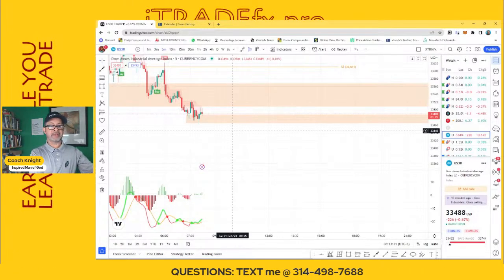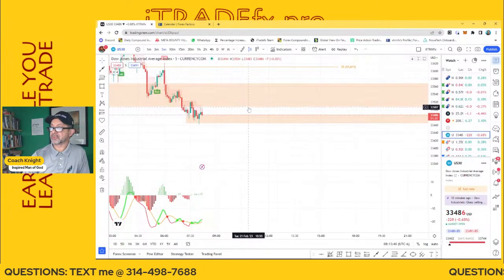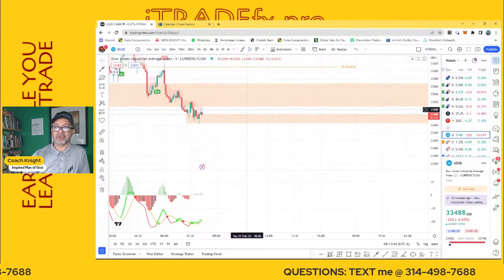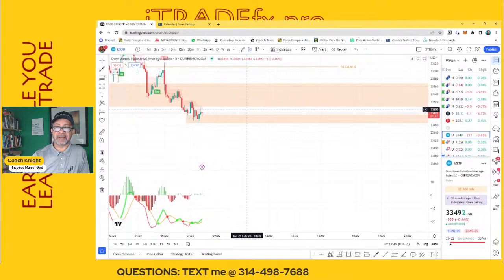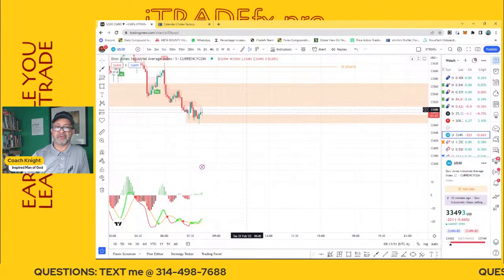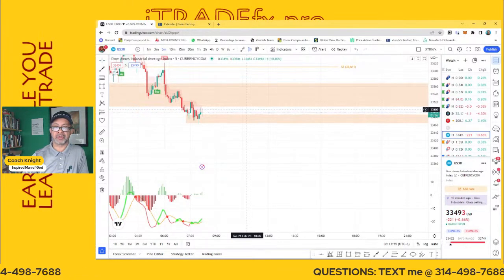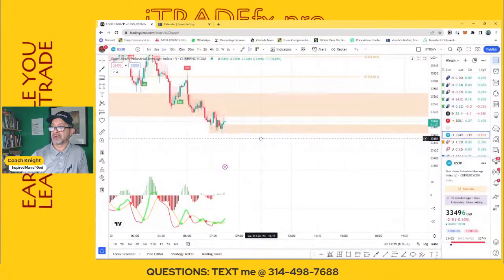I've got my lot size set in here, and you want to have a lot size according to your account value. Most likely, if you have $500 in your trading account and you're trying to set a 0.15 lot size or something like that, your broker's probably going to give you a buzzer and say you don't have enough money, because you don't have enough money.